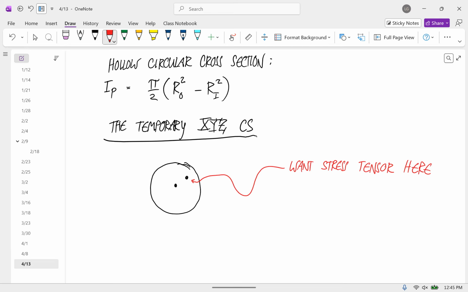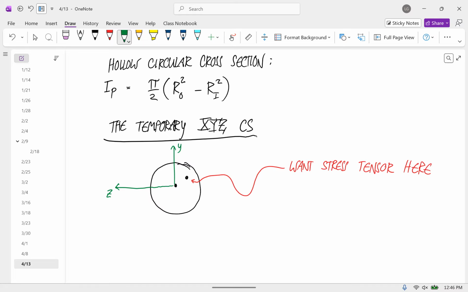In order to make this stress tensor add with our stress tensors for bending moment, tension compression, and shear force, we eventually need to end up at a coordinate system where X is coming out towards us, Y is up, and Z is this way.